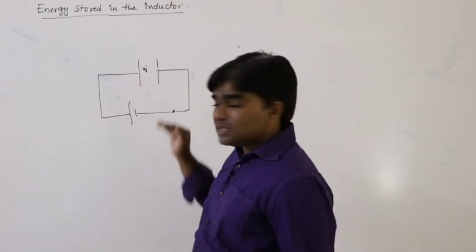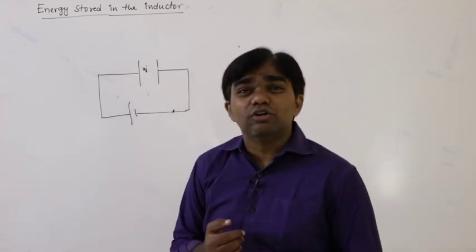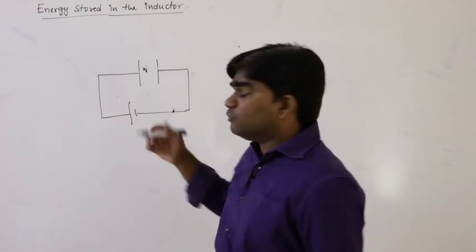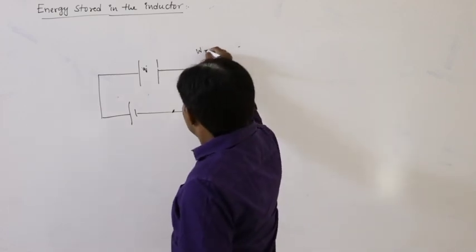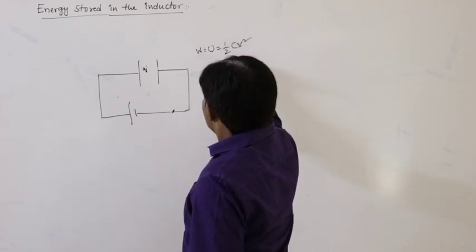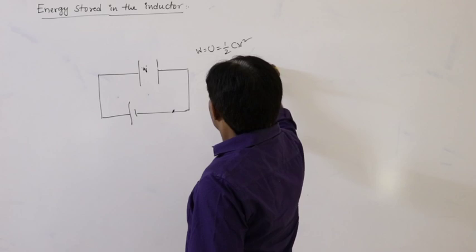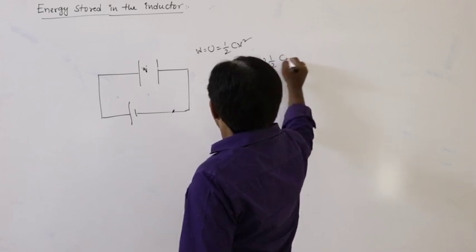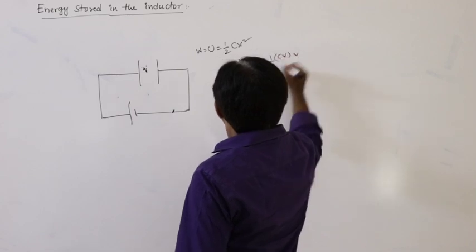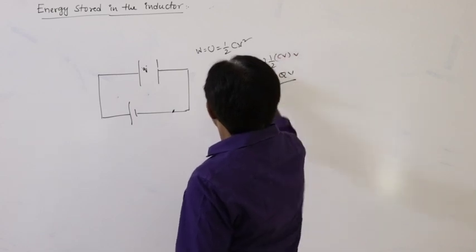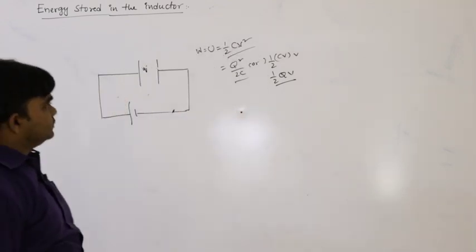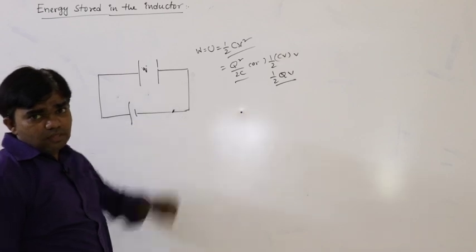So to supply the charge, we have to do a certain amount of external work. That work is stored as the energy in the capacitor, W is equal to half CV square, or Q square by 2C, or half CV into V, that is half QV. So these are the formulas of the energy stored in the capacitor.